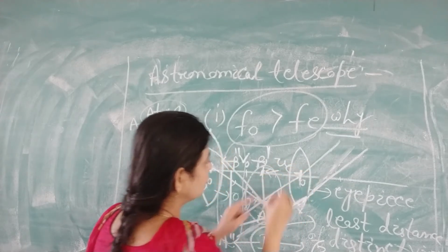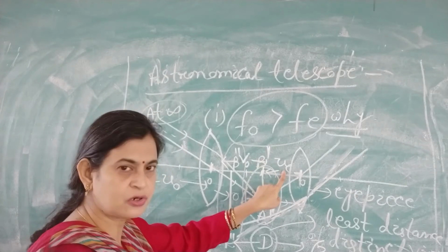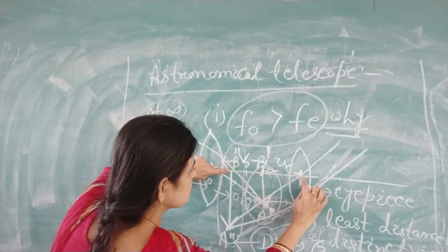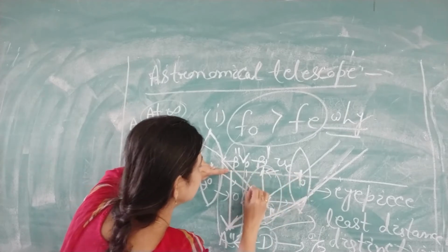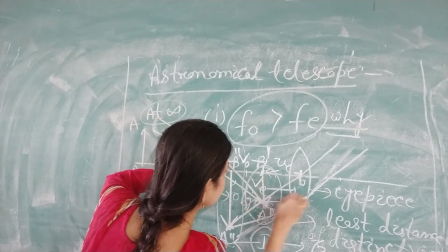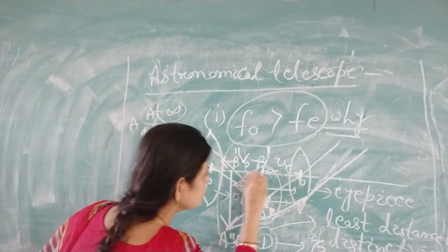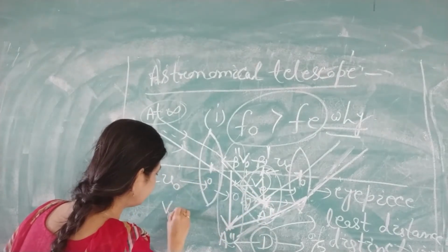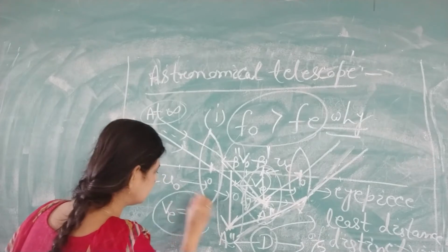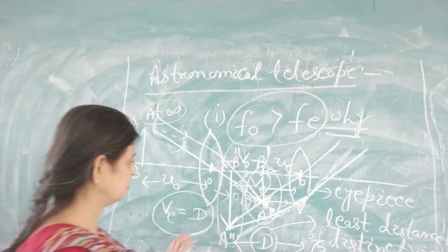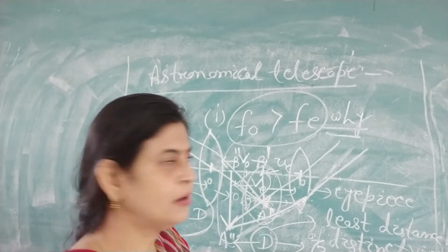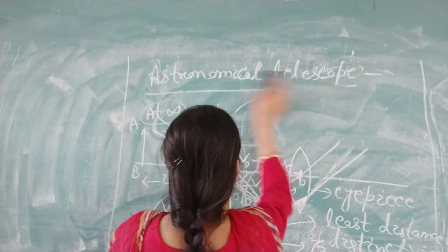So OB dash is equal to UE, and the final image distance is BE. Or instead of BE, you can write D. Clear?